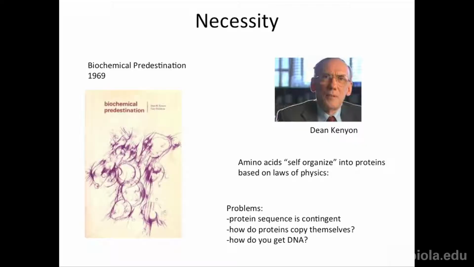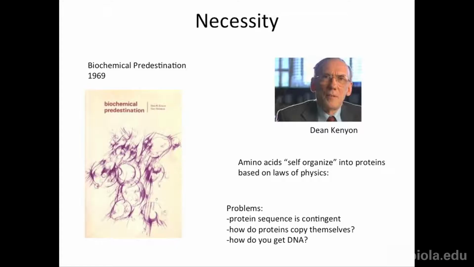The other thing is, how do proteins copy themselves? Proteins can't copy themselves. Proteins have to have DNA and RNA, and proteins copy the DNA and RNA and turn it into other proteins, right? So say you did, by chance or by necessity, get a functional protein together, how is that ever going to copy itself?